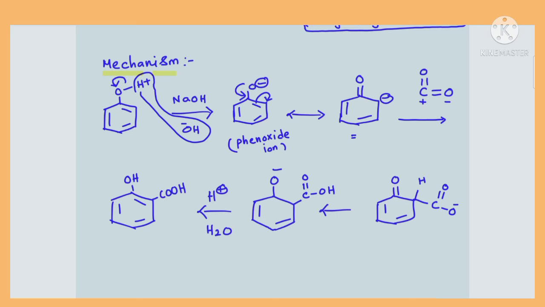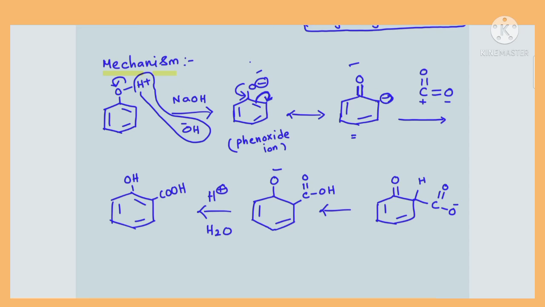When the electrons over oxygen move here, you get a new double bond. When this pi electron moves over here, that carbon becomes an electron rich center and attains a negative charge. Both of these are phenoxide ion, but we call them resonance structures.